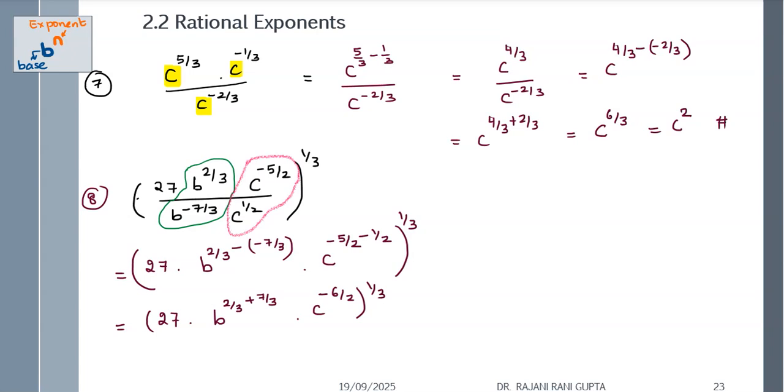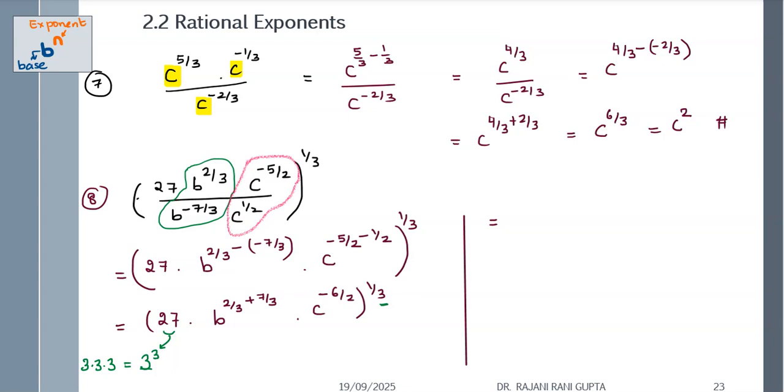Now, since the whole power is 1 over 3, and 27 is a number, check. Can you write 27 as power of any number, third power of any number? Yes, it is 3. So if you multiply 3 times, you get 27. That is 3 times 3 times 3, which is 3 power 3 is 27. Okay, now let's continue this solution here.